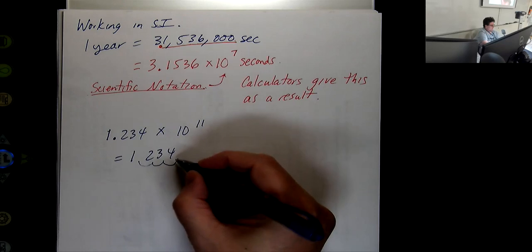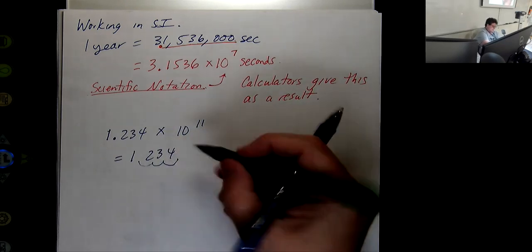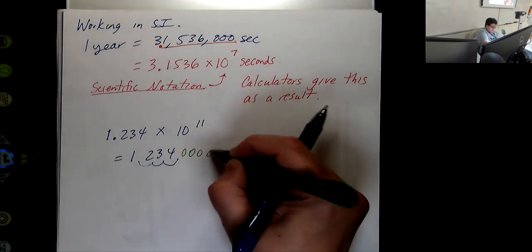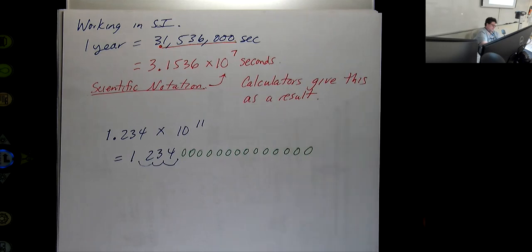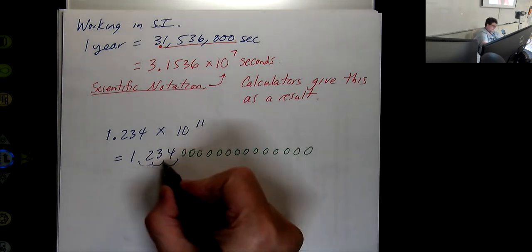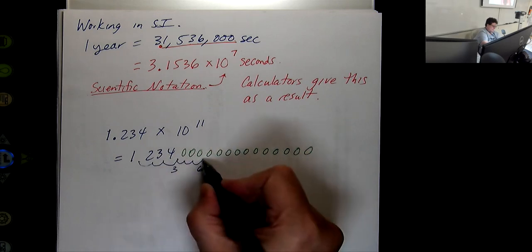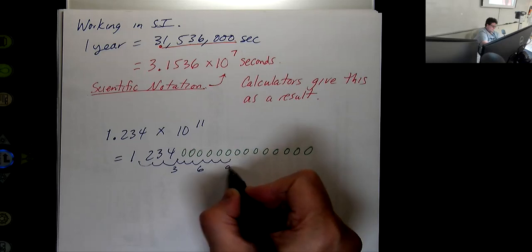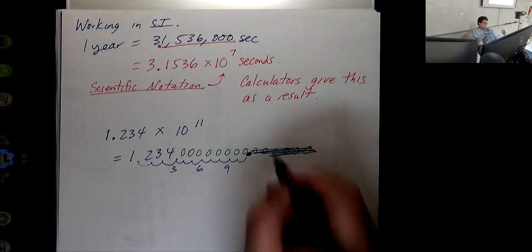And once I start running out of digits, I start adding in zeros. So I'm going to add in a bunch of zeros. I don't know how many I need, but since I made my number big, I'm going to add a bunch in. So here I've gone 1, 2, 3, 4, 5, 6 spots, 7, 8, 9 spots, 10, 11. My decimal goes right there, and I don't need the rest of that.